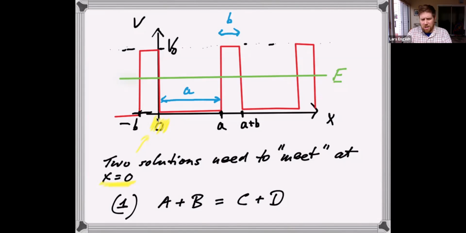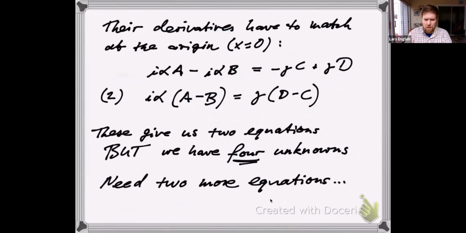One point that we wanted to pick for splicing is the origin, 0. Then things become pretty nice and straightforward. We get this condition, A plus B is equal to C plus D. And then we can do the same with the derivative at the origin, and we get this.